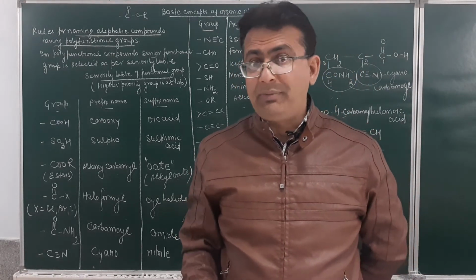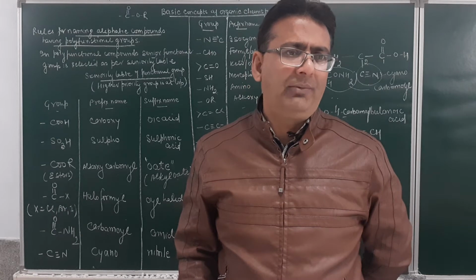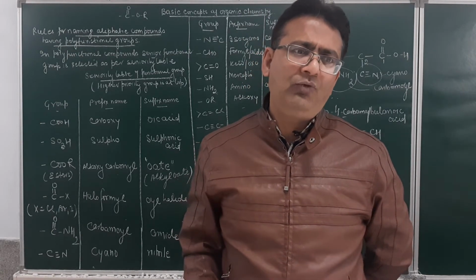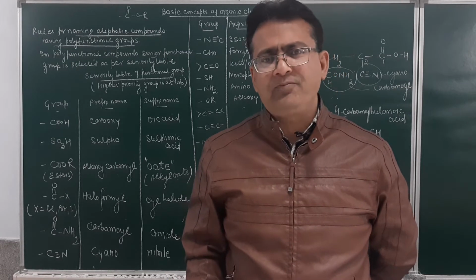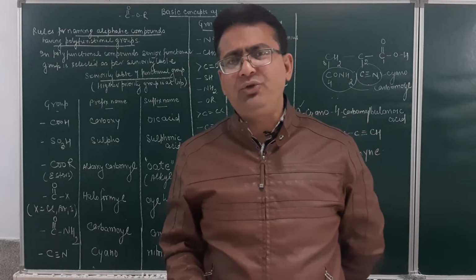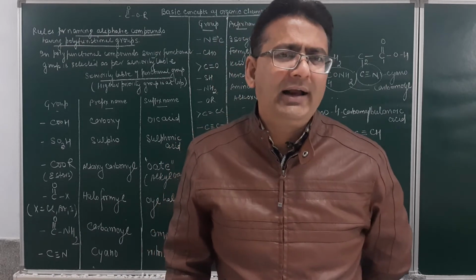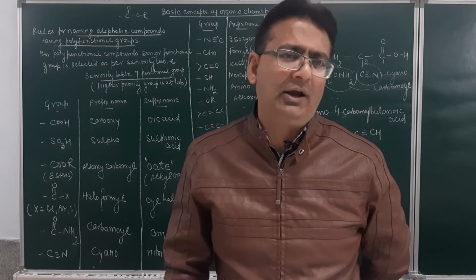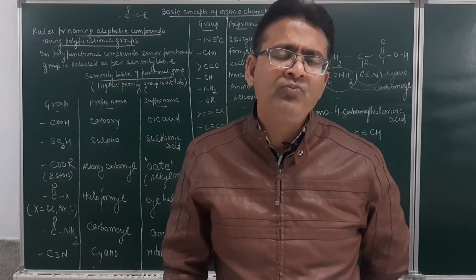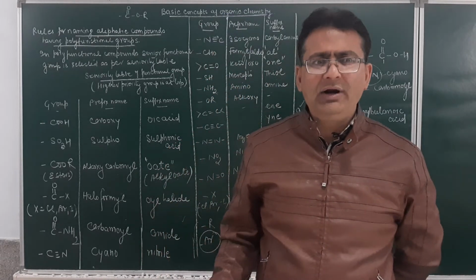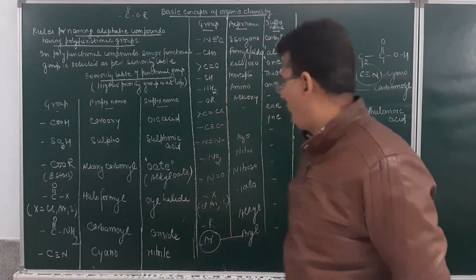However, remember, if the triple bond is getting a lower locant number than the double bond, then the numbering must be started from that side which gives the lower locant number to the triple bond.